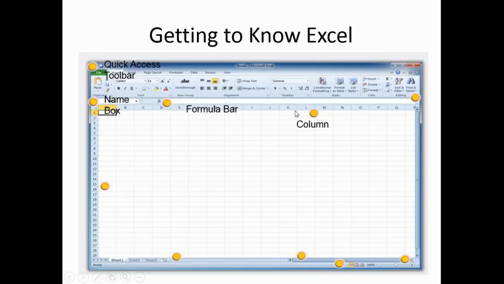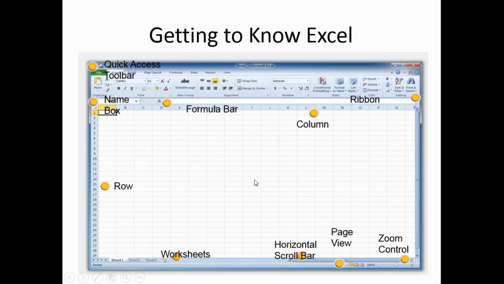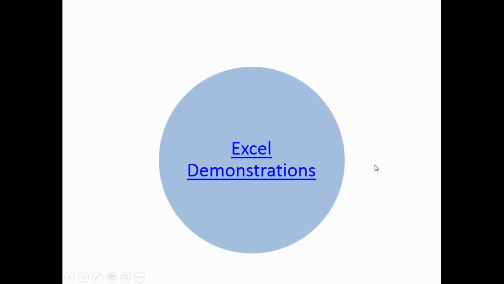There are columns and rows, and this is called the ribbon. And then there are the worksheets, and I'll show you those. I use worksheets a lot. There's the horizontal scroll bar, so you can go back and forth across the spreadsheet. You can do page view with the button down here at the bottom, and you can do zoom control. So those are some little tidbits that might be helpful.